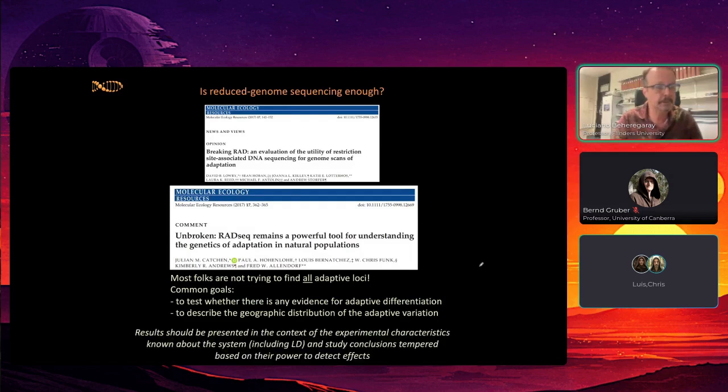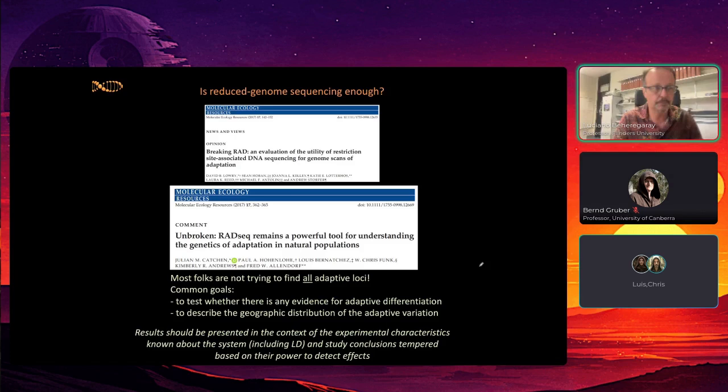So even a good quality DArT data set that comes from a very well thought out experimental design for your sampling can indeed be used to address questions about natural selection.